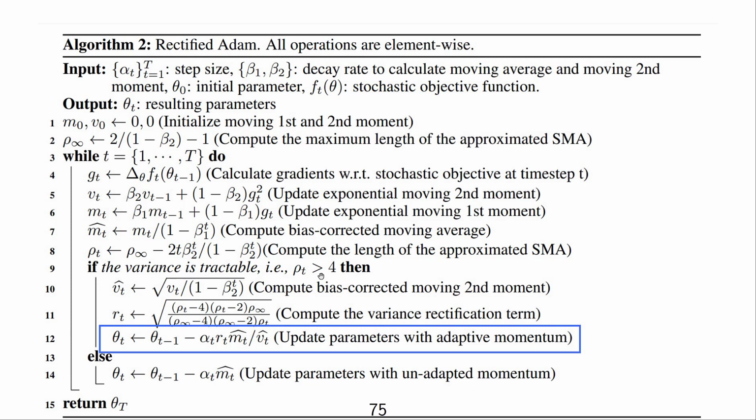But what exactly are they doing here? What the authors are doing here is they're performing some analysis of the simple moving average, this is the regular moving average, and the exponentially moving average, and they're comparing some computed length. So they compute the maximum length, and then they compute the length of the approximated simple moving average, and then they'll check if that's greater than 4.